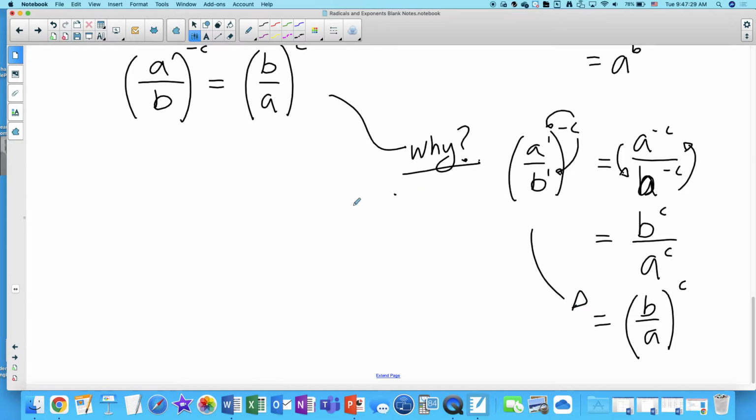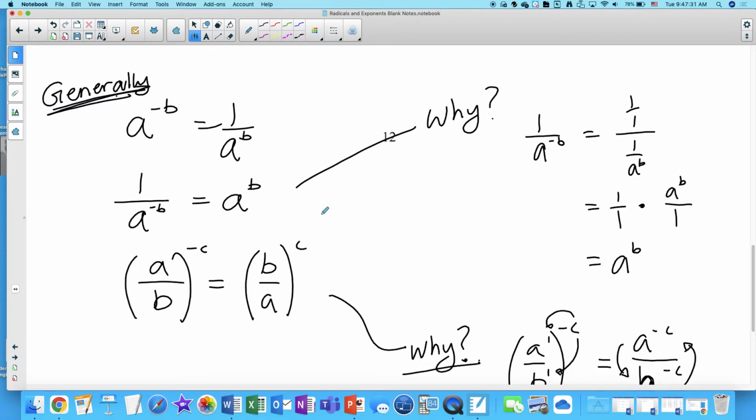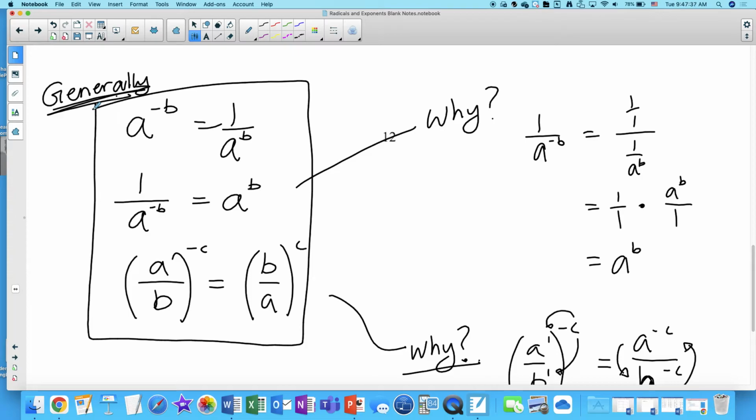I have them printed, and I'll give them to you today. This stuff, though, is not on your formula sheet. You need to know that. And really, it all comes from the first one. This is the main rule, and these ones, in mathematics, are called corollaries. So this is the main theory, and these are like appendixes that exist because of this one.